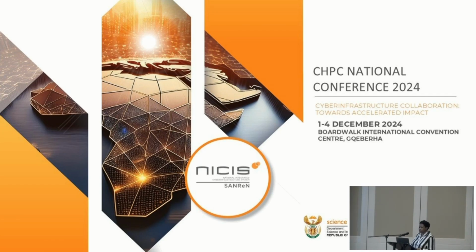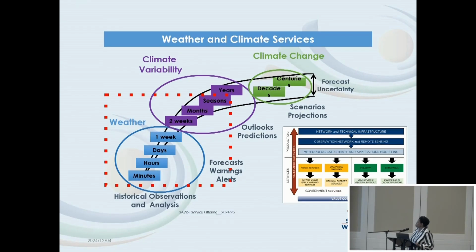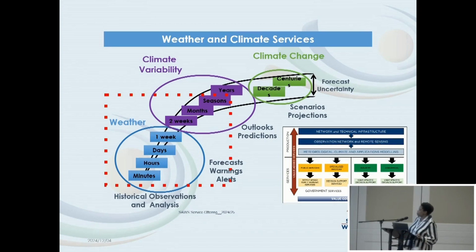So today I'm just going to briefly talk to you about the climate service infrastructure we have at SAWS. And I won't only stick to SAWS, but to other entities that also have climate services within South Africa. So as you can see, this diagram is the seamless forecast that we produce at SAWS.